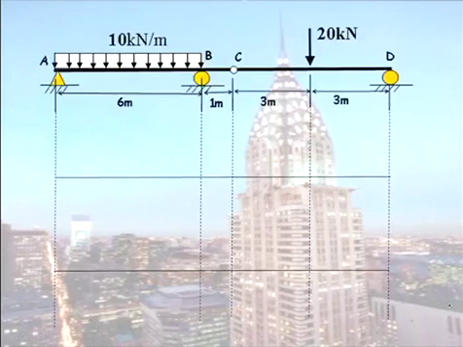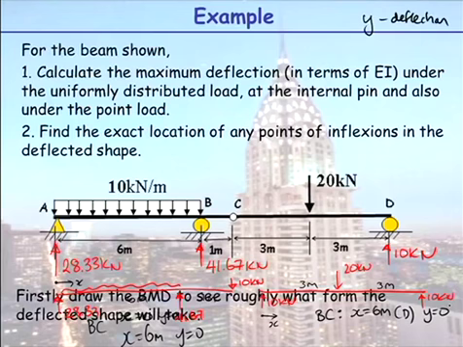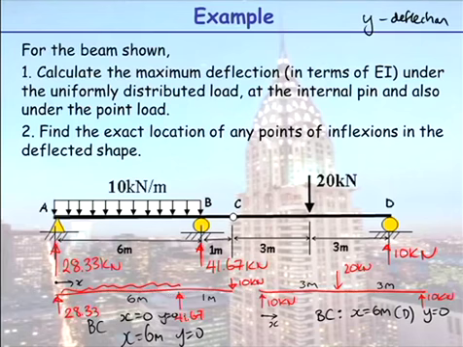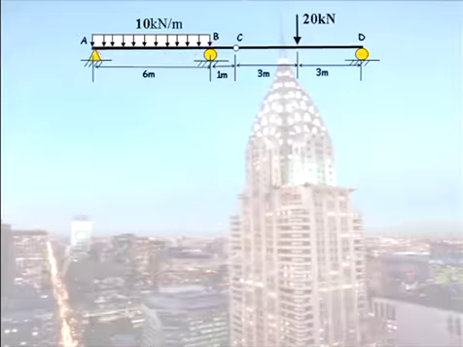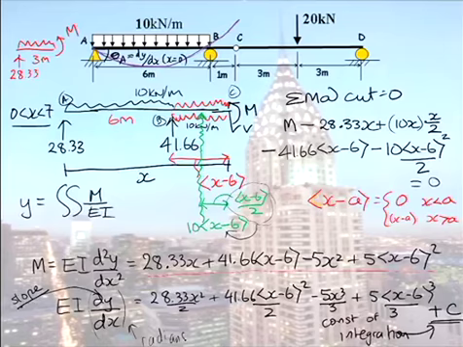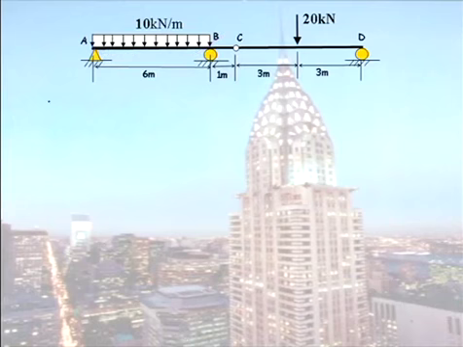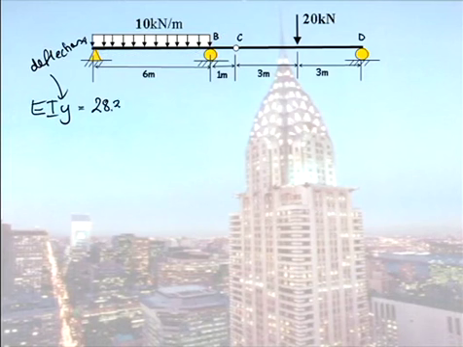Remember back here, the two boundary conditions we know in this system are when x is 0, y is 0, and when x is 6, y is 0. So we have to keep our constant of integration here, and we're now going to integrate one step further and come up with an expression for y, which is, of course, our deflection. That's what we want. So doing that now, and I will put these workings online.